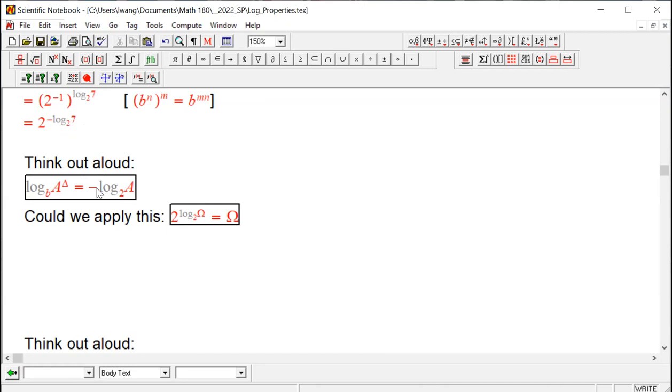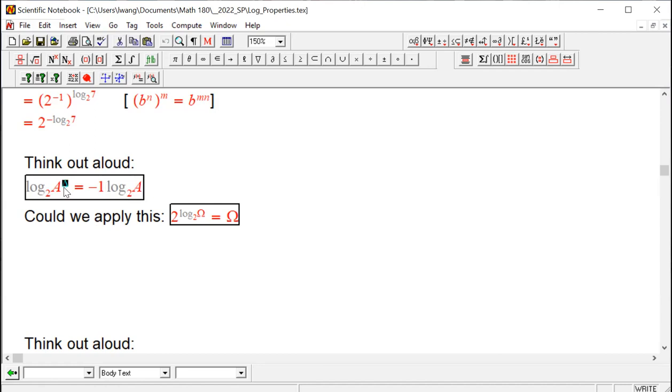So the negative sign basically is the power, right? The base is 2. And the power is negative 1, right? So this was a triangle before. So base 2, and we have a -1 here.